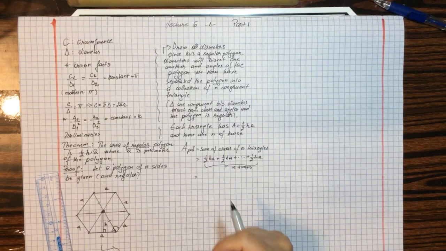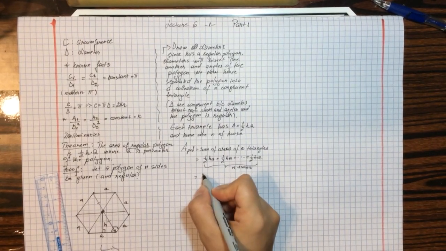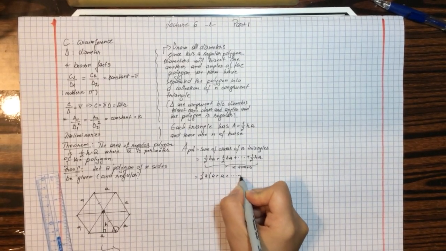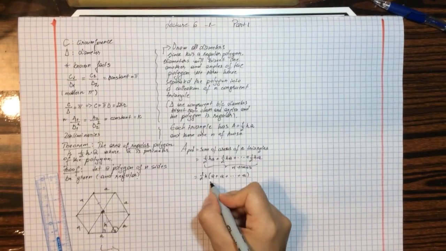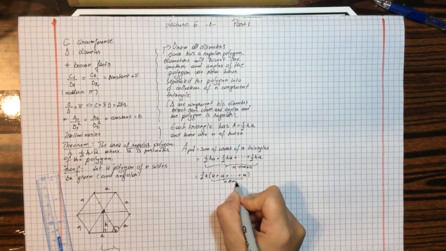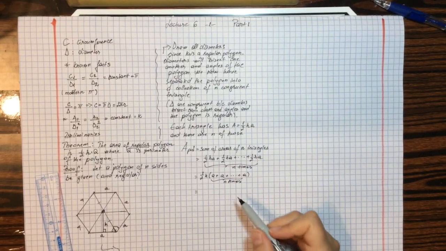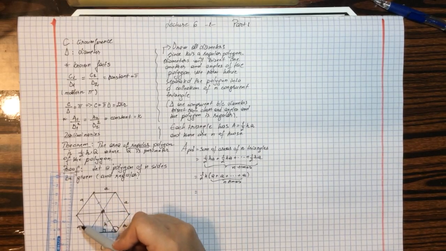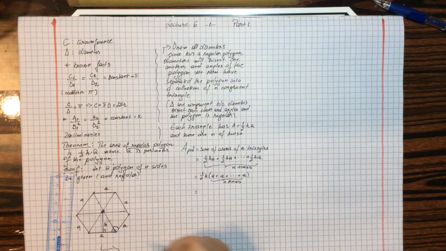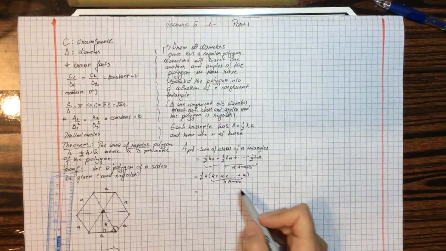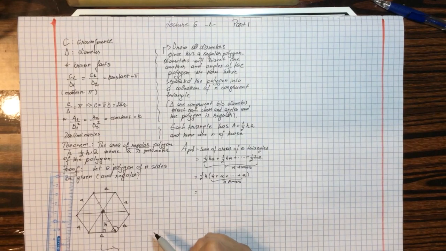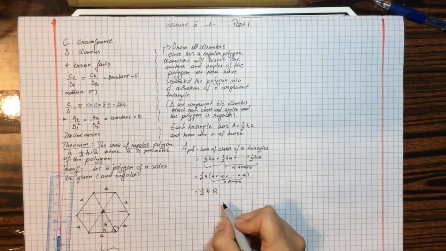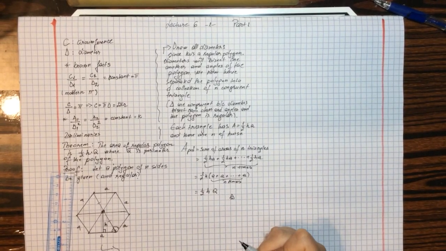And if I factor out h over 2 here, I will have a plus a plus a, n times. Well, a plus a plus a, n times, in this case 6 times, gives me the perimeter of the polygon. So n times a is nothing other than the perimeter Q. So half h times Q, and I'm actually done with this.